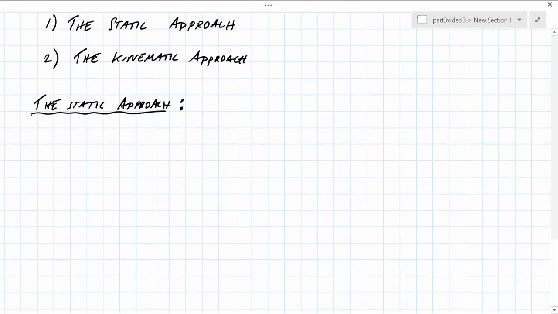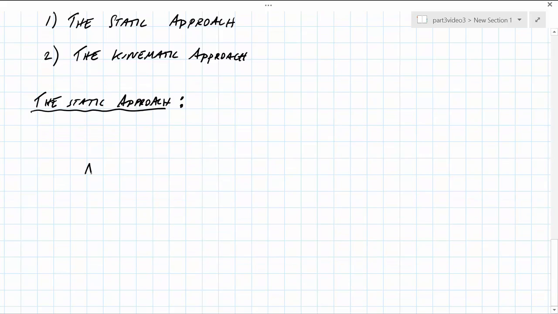For an example, consider the following simply supported beam. This has a concentrated load at the middle, scaled by a plastic collapse load factor, lambda, times W, and a cross-section property of MP.